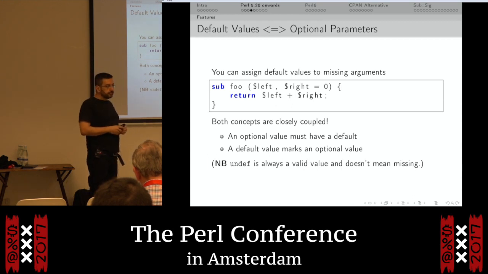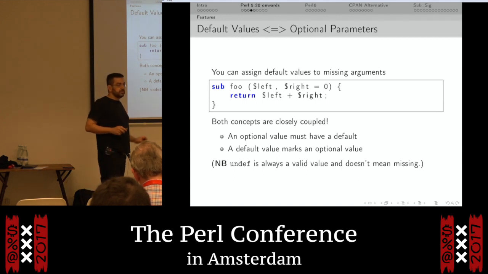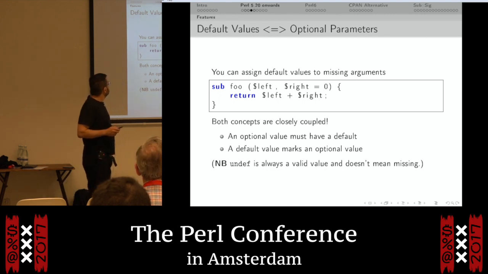If you want to have an optional parameter, you have to assign a default value. It makes sense. And as a side note, undef is always a valid value. It doesn't mean that it's missing. It's still in the list. And of course, you can't have positional parameters after you have an optional value.